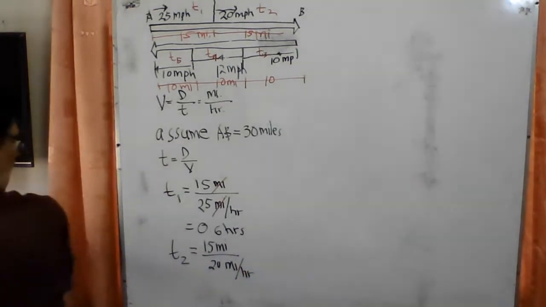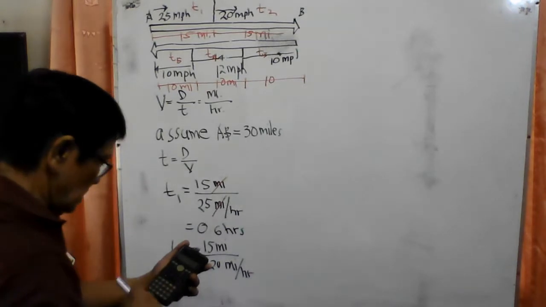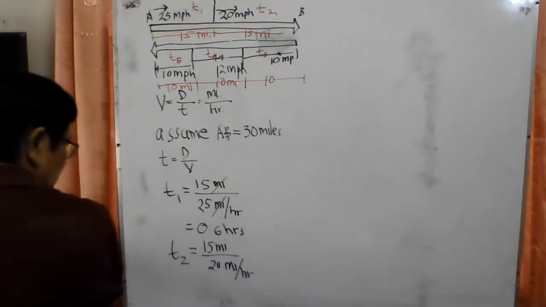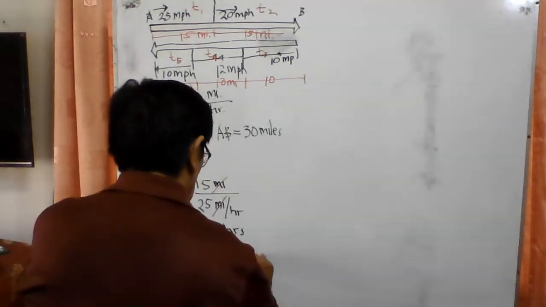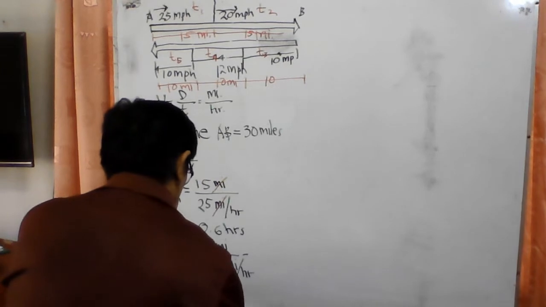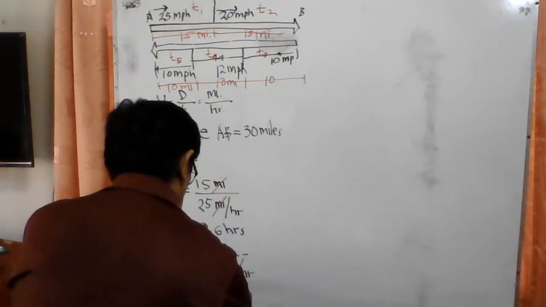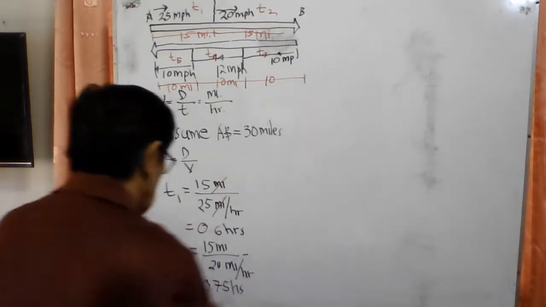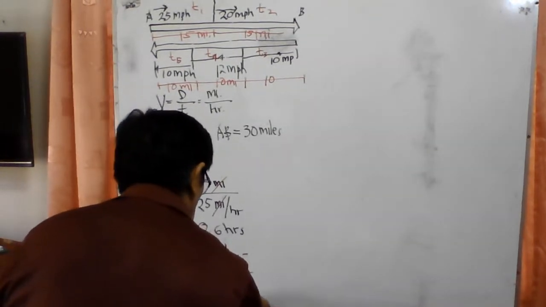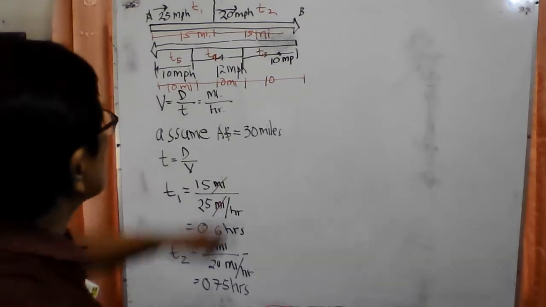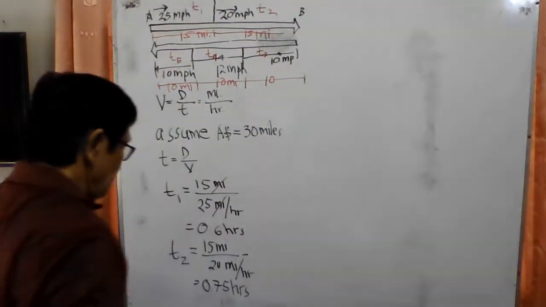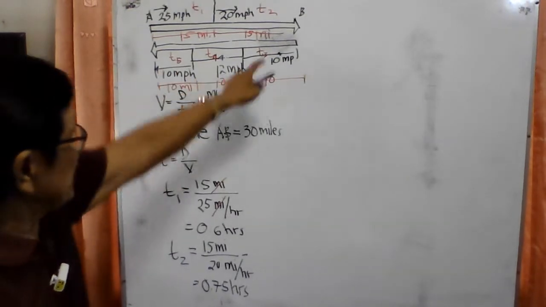This becomes 0.75 hours. So it takes 0.75 hours to travel from midway to point B. Now, T3.